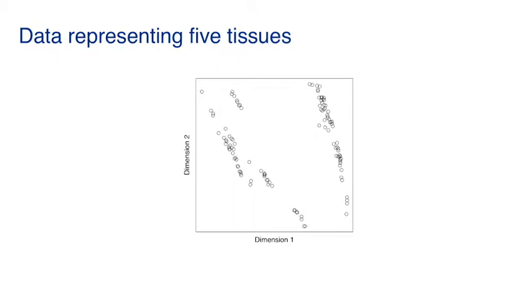If I show you this and I ask you to point out where the 5 tissues are, it's not that simple. You see some clusters, maybe 1, 2, 3, 4, 5, 6, 7, 8. There's more than 5 clusters. So what is that about?